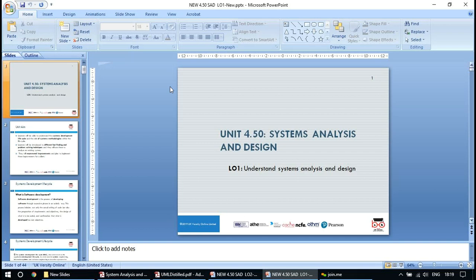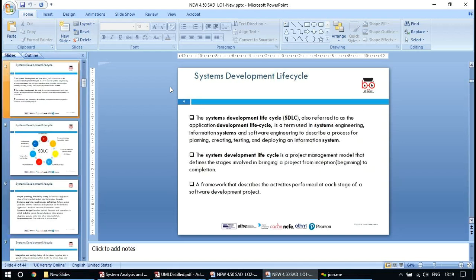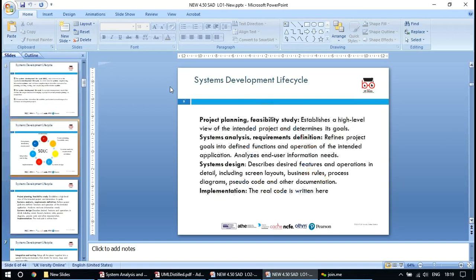In system analysis and design, we covered topics like software and the system development life cycle. You should carry on your development using certain stages.